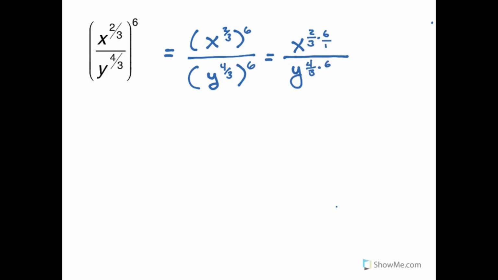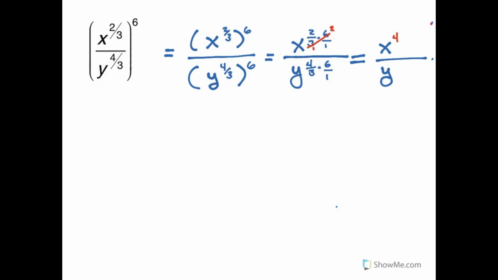If I write the 6 over 1 to make multiplying the fractions more clear, then I can cancel that 3 in the denominator with the 6. Leaves a 1 in the denominator and a 2 in the numerator. And so the top simplifies to be 2 times 2 over 1, or 4.